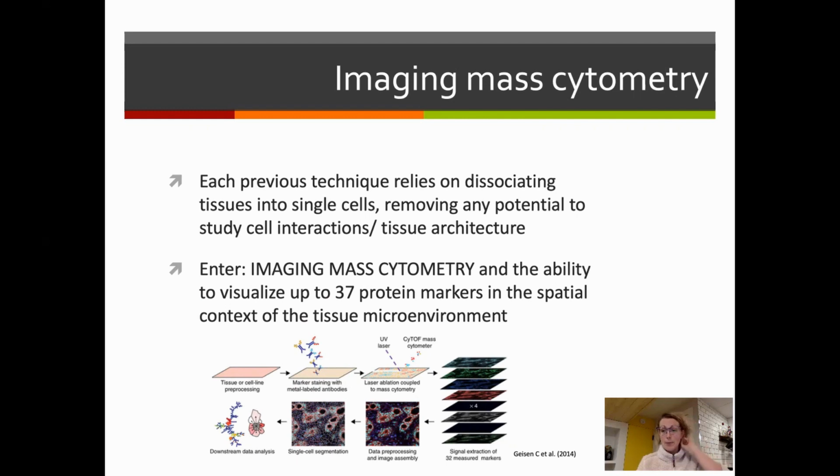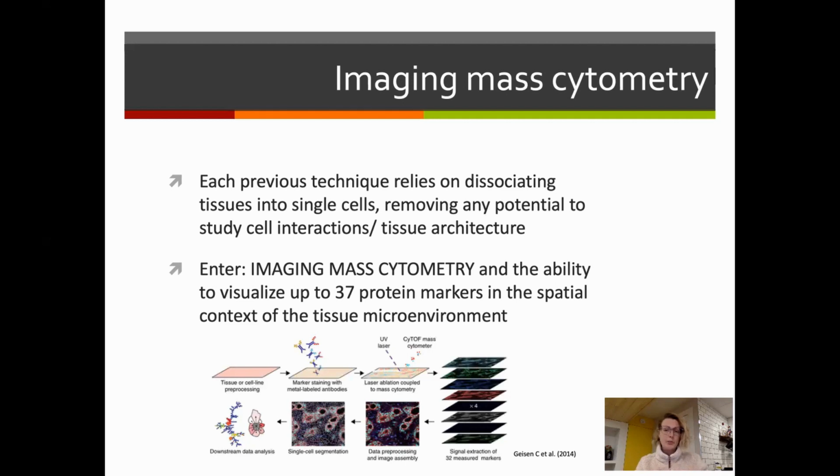Mass cytometry really overcomes this and gives you the ability to visualize 37 plus protein markers in the spatial context of a tissue microenvironment. So in this case, you have your tissue section that you label with the metal antibodies. This is then UV laser ablated, put into the mass cytometer, and then after signal extraction and digital processing, you can start to rebuild these tissues using images.